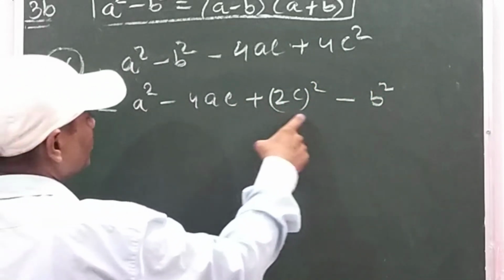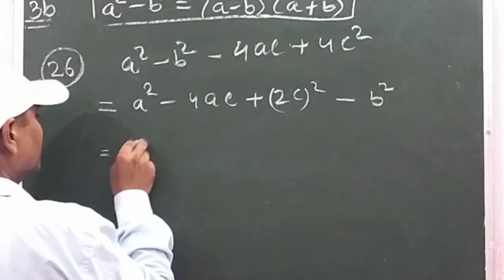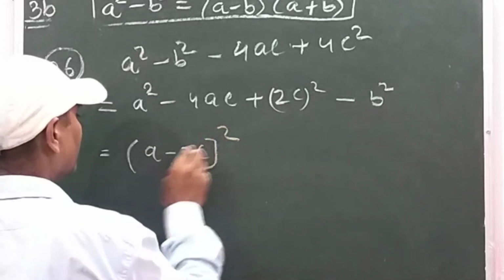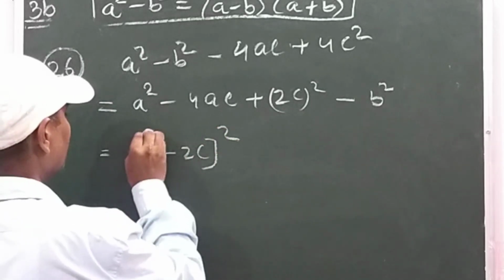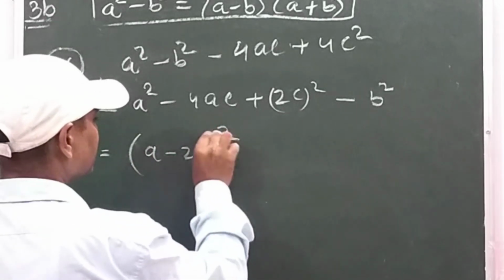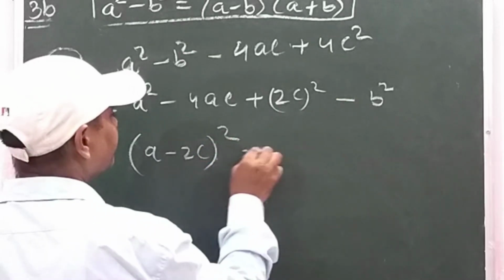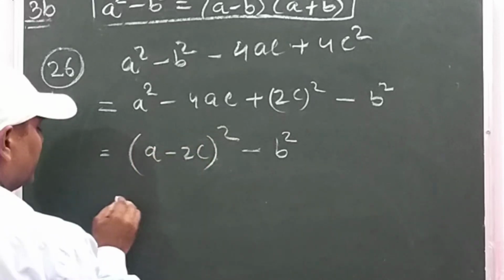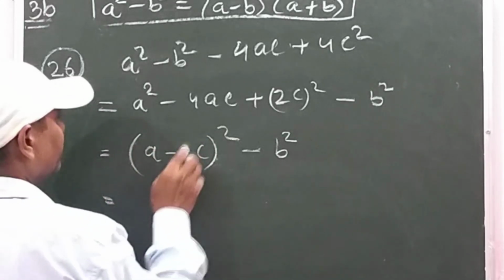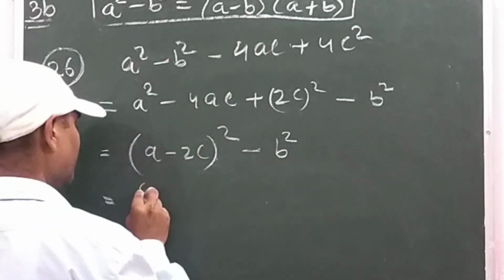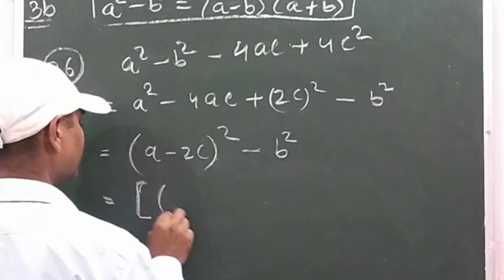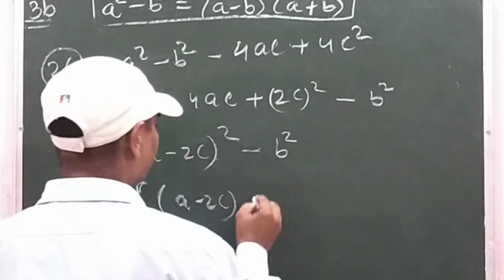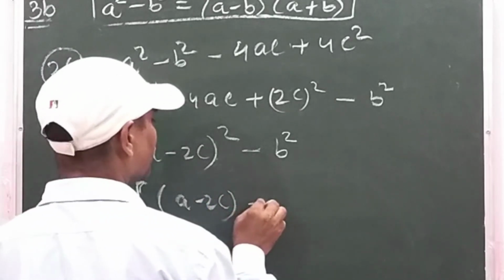So this whole is known as the formula, so it becomes a minus 2c whole square, and now here minus b square. So the whole part has become the a square. So we will write here in one bracket a minus b, which means the value of a is a minus 2c, minus b.